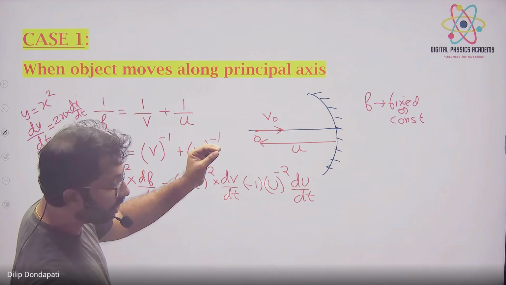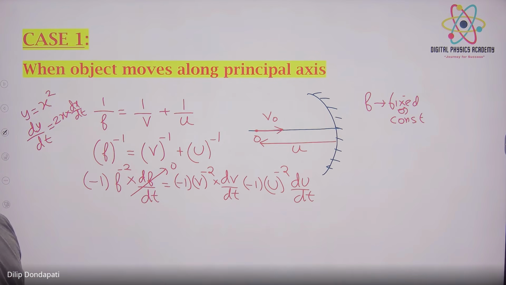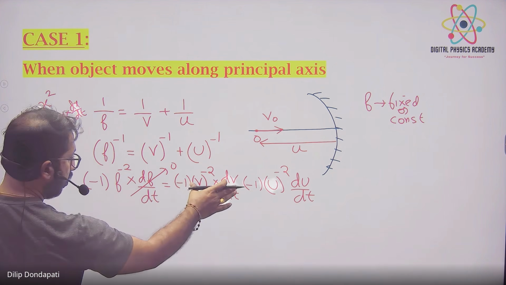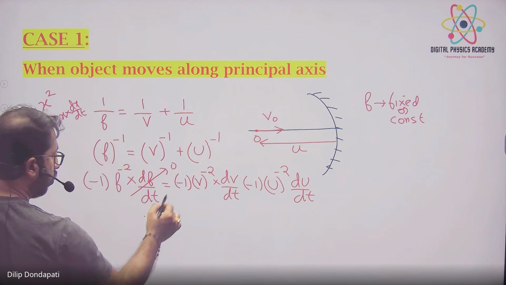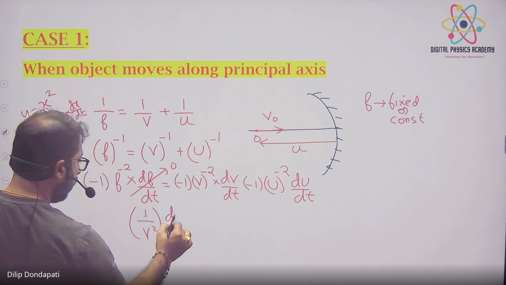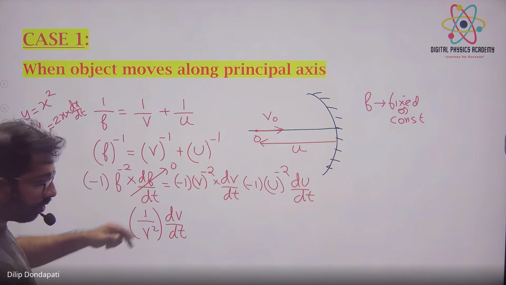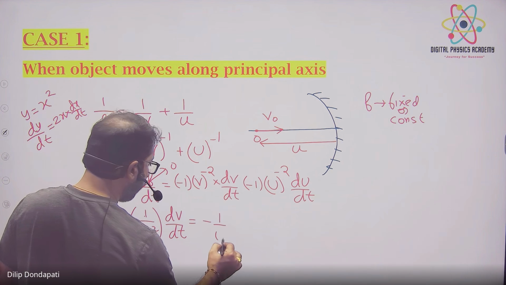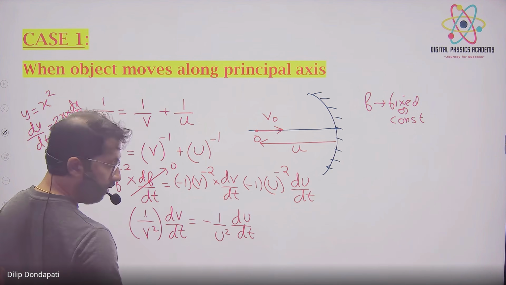Since focal length is constant, df by dt is 0, so the total term is 0. Differentiation of a constant is 0. Bringing this term to the other side, v power minus 2 I can write as 1 by v square, so dv by dt over v square is equal to minus 1 by u square into du by dt.